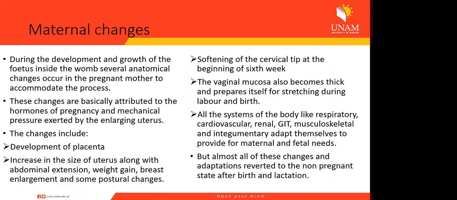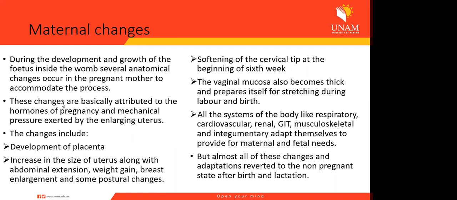All right, so during the development and growth of the fetus inside the womb, like I showed you earlier on, there are several anatomical and physiological changes that occur in the pregnant mother to accommodate the process. These changes include the development of the placenta, and we're going to see how important this placenta is as we go on.